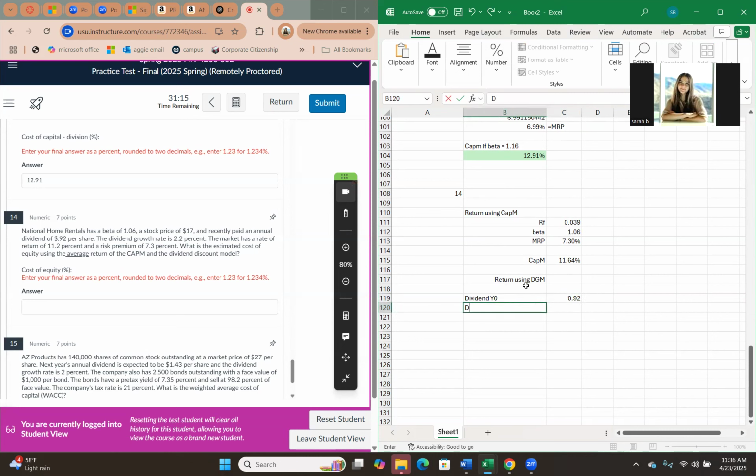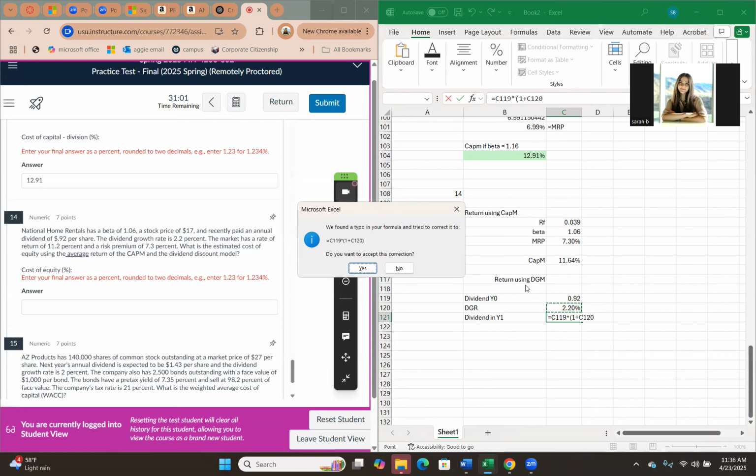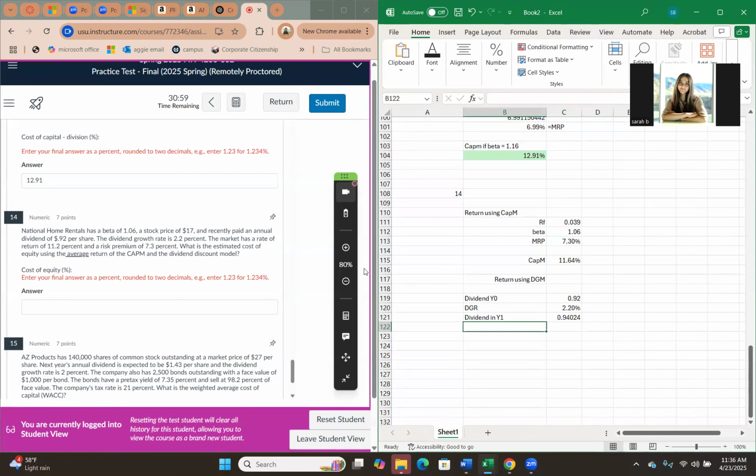Dividend growth rate is 2.2%. So the dividend in year 1 is going to be 92 cents times 1 plus this growth rate. So we've got 94 cents. Does that make sense?